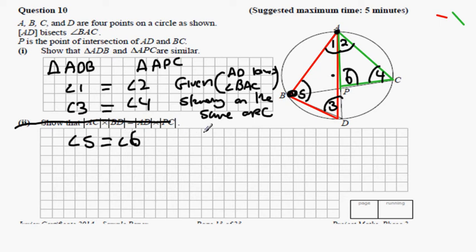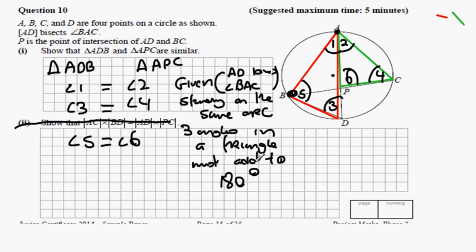Reason being, three angles in a triangle must add to 180 degrees. Okay, so that's that one there, hence the triangles are similar.